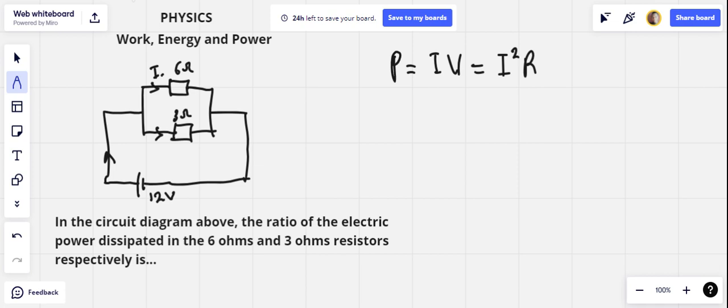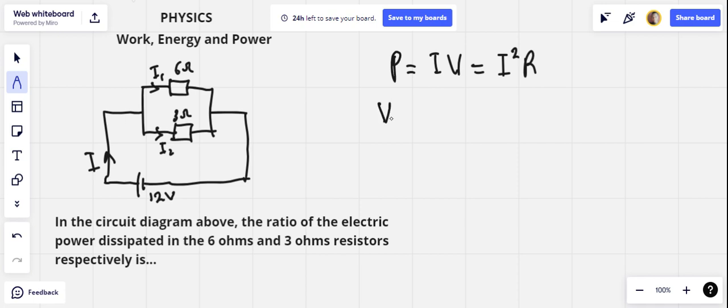Can make this one I1 and then this one I2. Okay, but before we do that, let's first calculate the total current I coming from the cell.